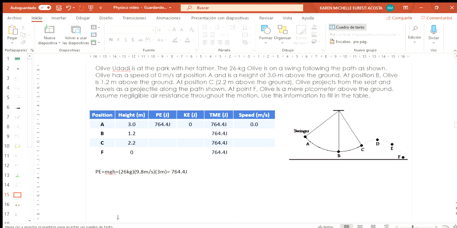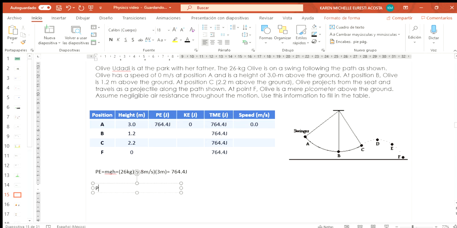Then to get position B, we're going to use the same formula: 26 kilograms times 9.8 meters per second squared times 1.2 meters. That is the height that she was at in that position.